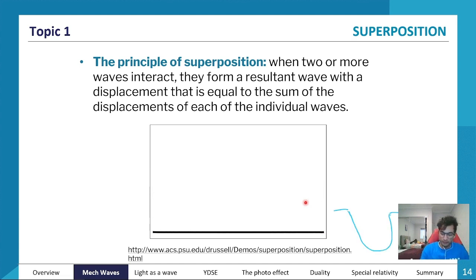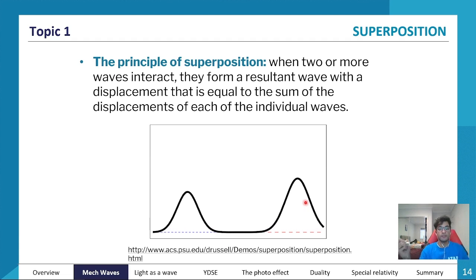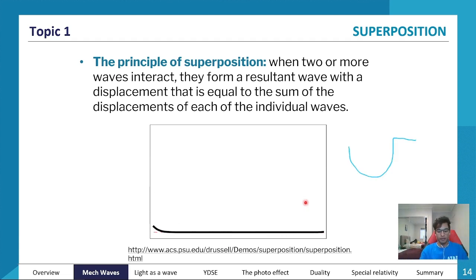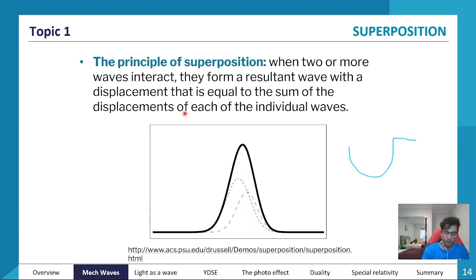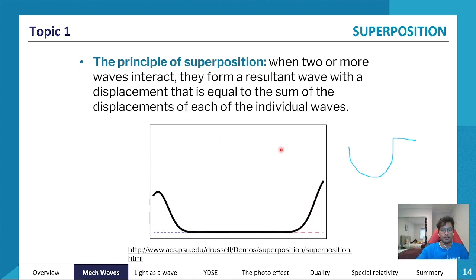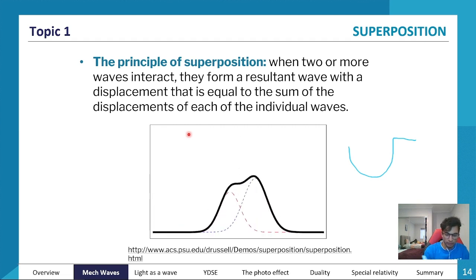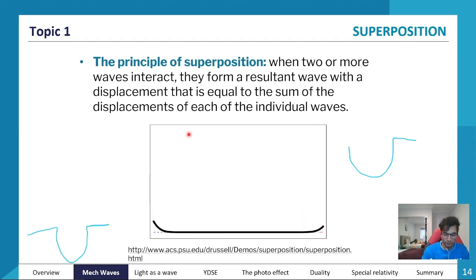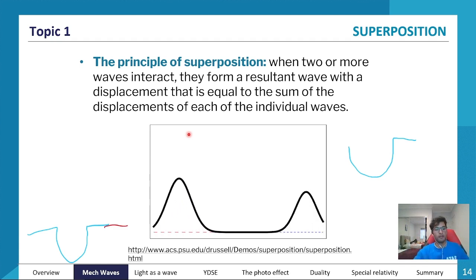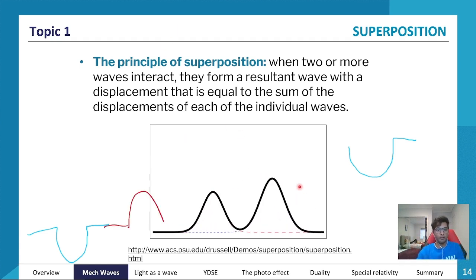If this blue wave was going like this, it would be the same thing, but in the middle, the resultant wave is going to be smaller, and the waves will just continue as they were. So if the wave on the right hand side keeps going to the left, you'll end up with something that looks like that. So the red wave that was on top remains on top. The blue wave that was at the bottom remains at the bottom.